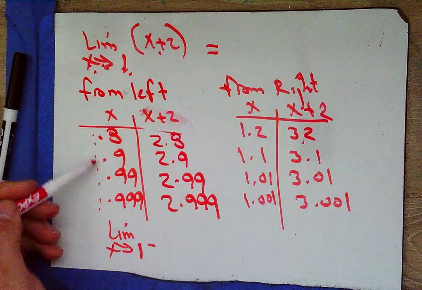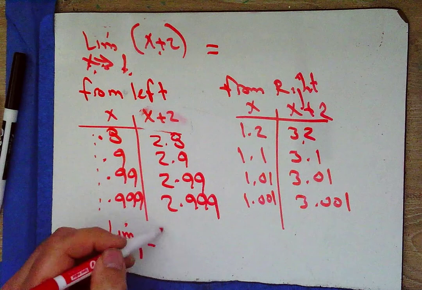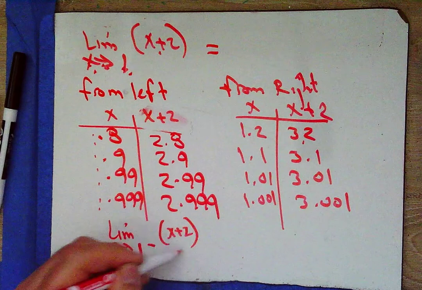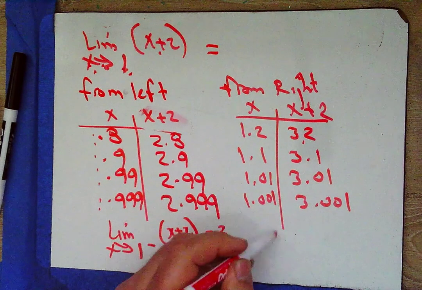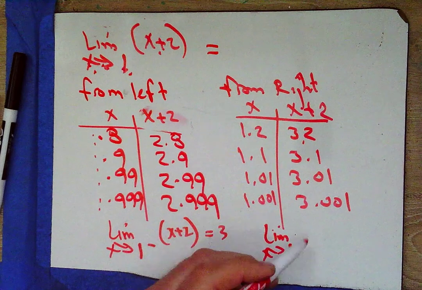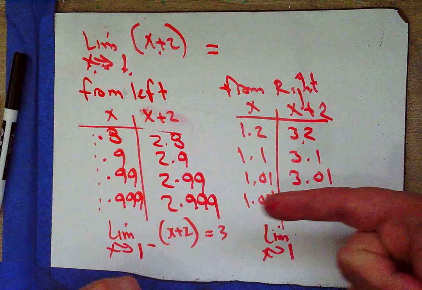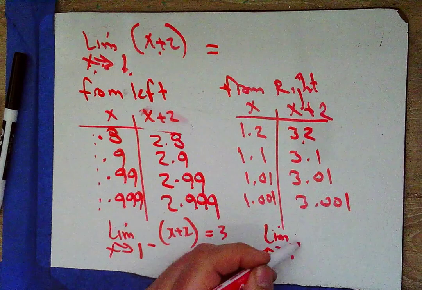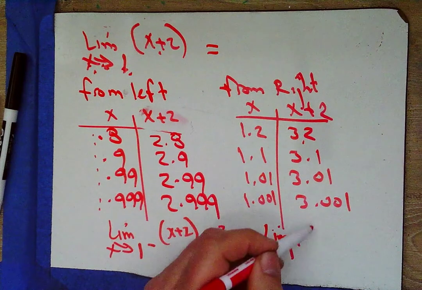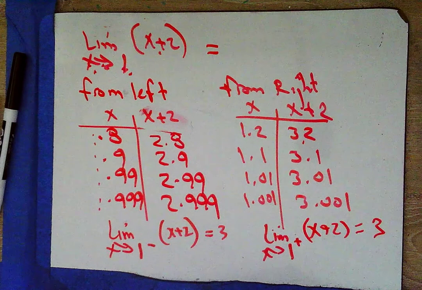We're coming up from 0 and we're headed towards 1 from this way, of x plus 2 is 3. And over here I could say the limit as x approaches 1, this time we're coming in from the other direction, 1.2, 1.1, 1.01, so coming in from the positive side of x plus 2 is also equal to 3.